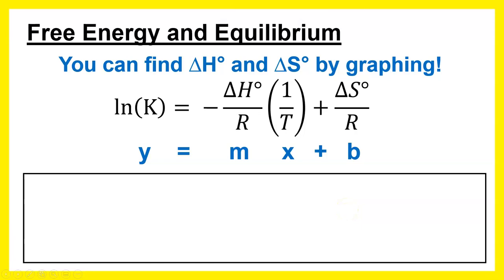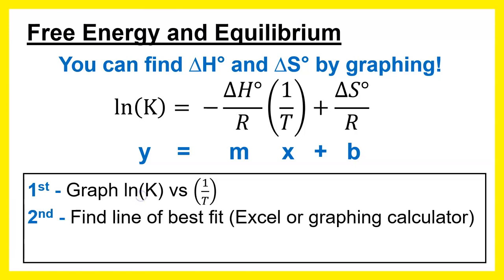So what I'm going to do is graph the equilibrium constant versus 1 over temperature. You remember that K is temperature dependent. New temperature, new K value. So graph a bunch of K values and their temperatures. Natural log of K versus 1 over T. Then using either Excel or a graphing calculator, you can find the line of best fit.